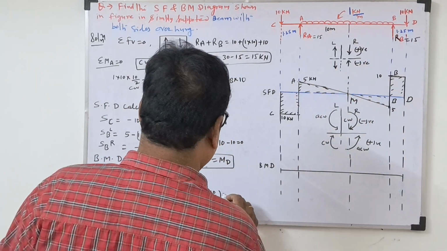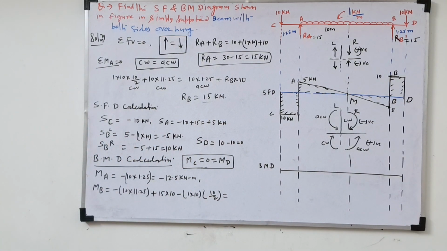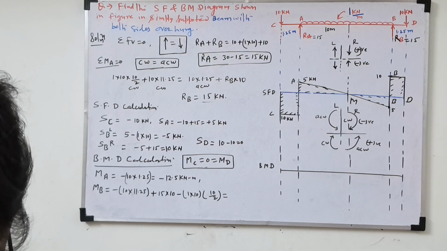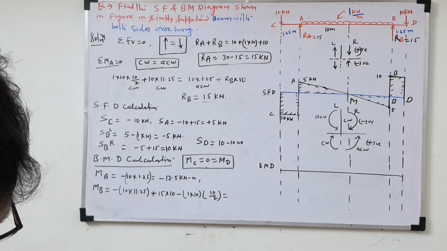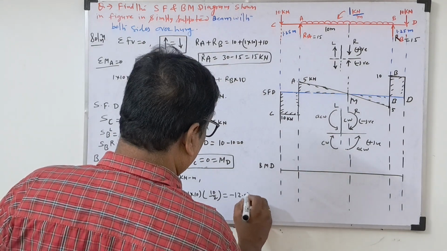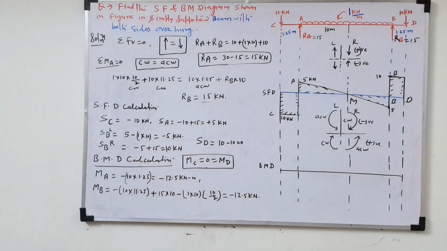So if you calculate, it will give the bending moment at B. Bending moment at B: 10 into 11.25 plus 15 into 10 minus 1 into 10, 10 by 2. So this calculation is coming minus 12.5 kilonewton meter. So MA and MB bending moment, due to symmetry, come the same value, minus 12.5 kilonewton meter.